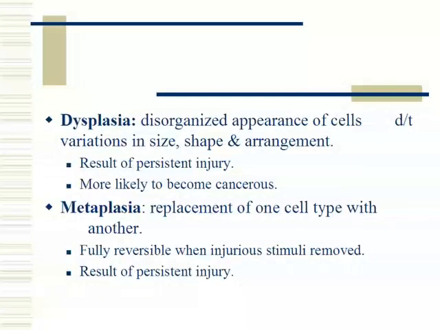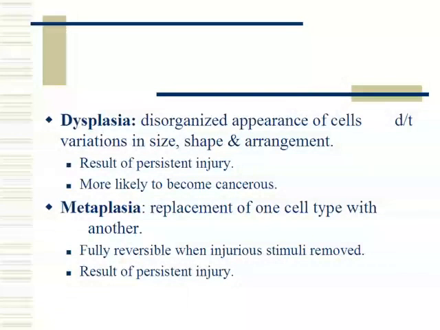Dysplasia is the result of adaptation that's gone awry. It has a disorganized appearance of the cells due to variations in size, shape, and arrangement. As I've already mentioned, it is a result of permanent persistent injury, and it is more likely to become cancerous. Metaplasia is the replacement of one cell type with another.